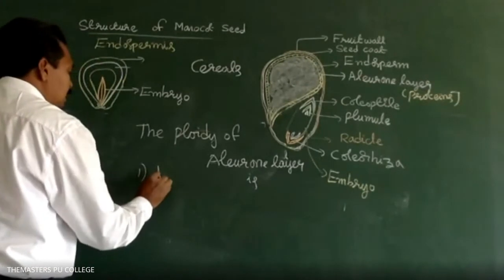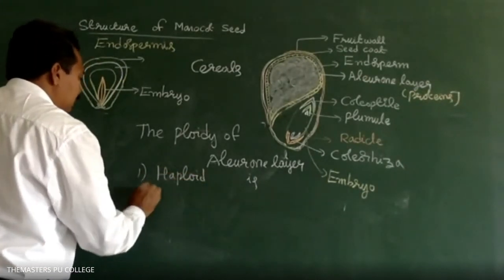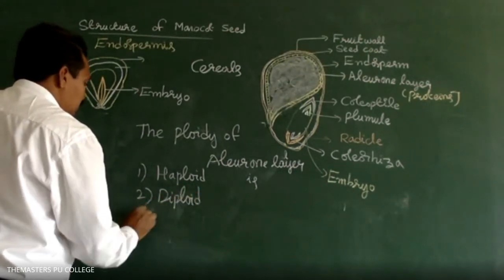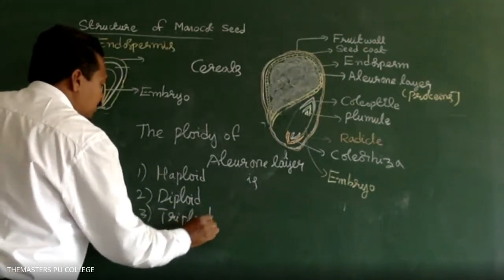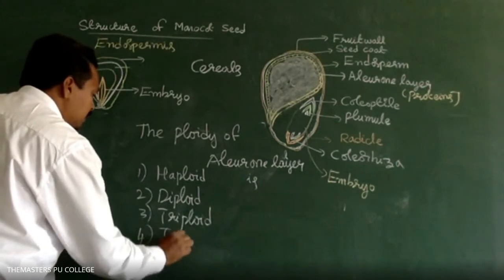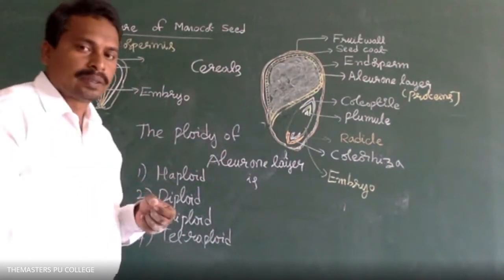Option 1 is haploid, option 2 is diploid, option 3 is triploid, option 4 is tetraploid. What is the answer, sir? Option 3, triploid.